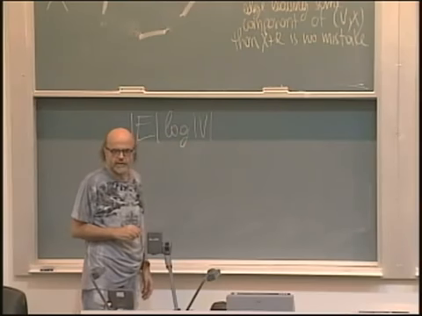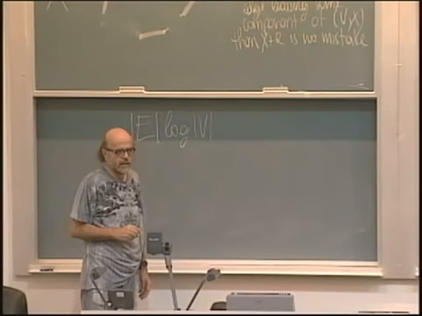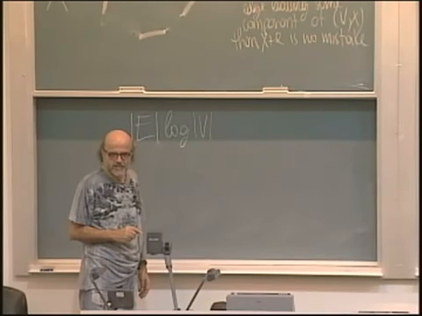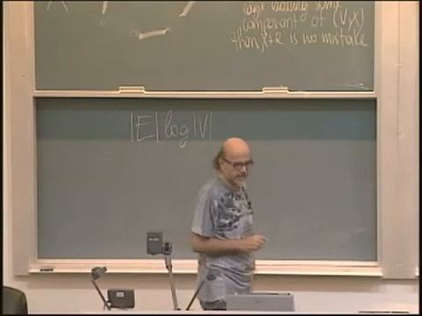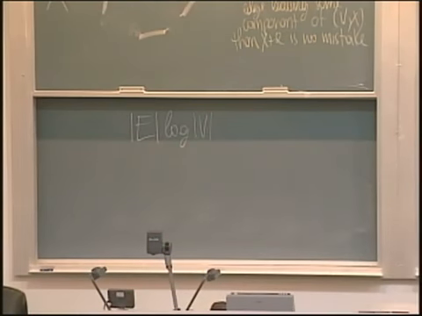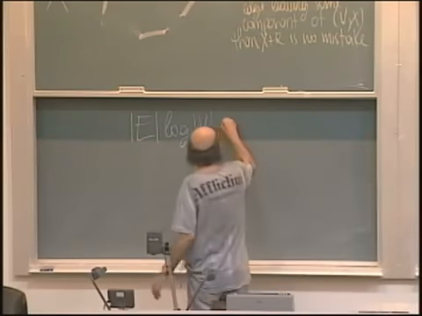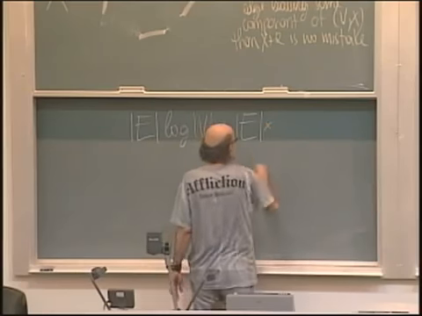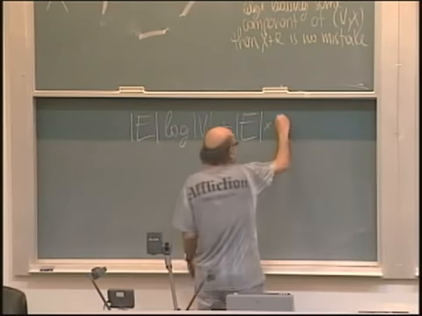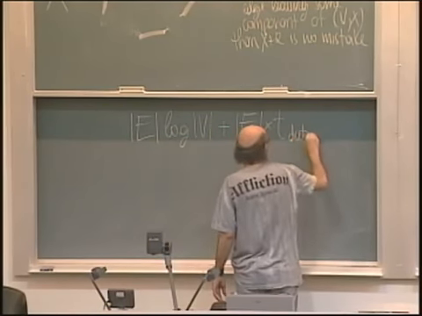E log V or E log E? Or V? It's the same thing. Remember? E is between n and n squared, so log V and log E is the same thing. Everybody remember that? Everybody with me? Okay? Cool. Plus what? Plus E times the time of the data structure.